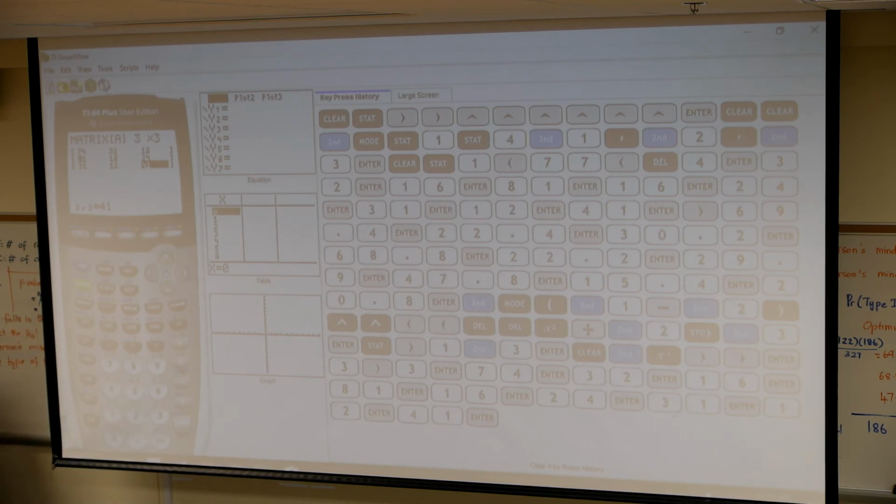Second mode to exit. And we need to put in the expected frequencies, so I'm going to repeat the process. Second, X index. Switch over to edit. This time we have to define the second matrix, B, to have the expected frequencies. Again, how many rows and how many columns do we have? We have 3 rows, 3 columns.